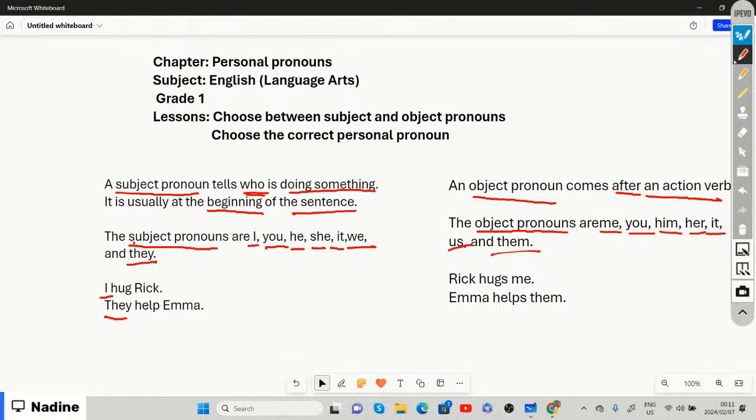If we look at an example of object pronouns, it is Rick hugs me. As you can see here, we have our action verb, and me is our object pronoun. Our object pronoun comes after our action verb.